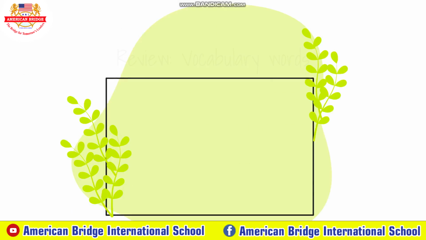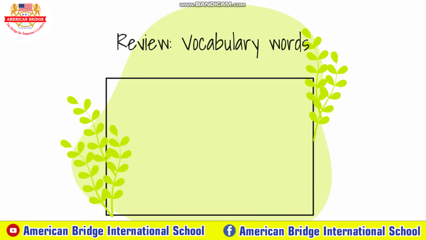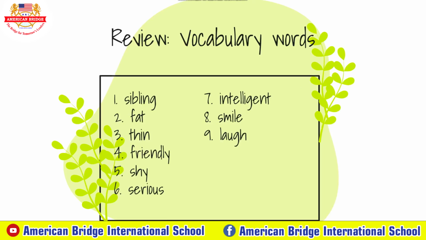Now before we proceed to our new lesson everyone, let's have a quick review about vocabulary words. Okay everyone, we have 9 vocabulary words in here. As you can see everyone, this also has a picture. You can also check page 24. So first is sibling.